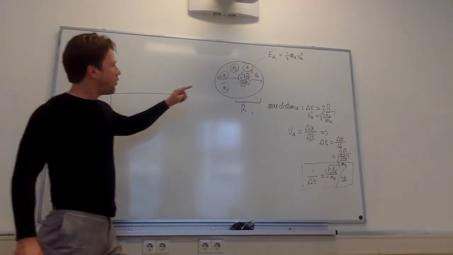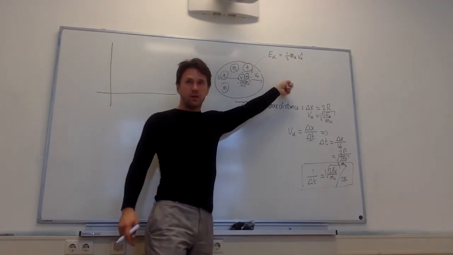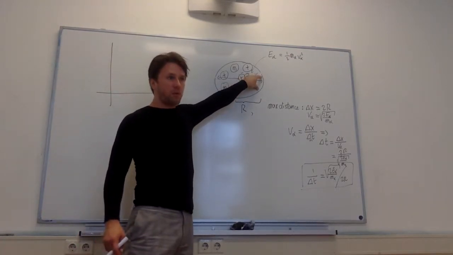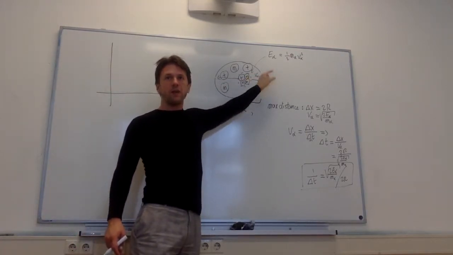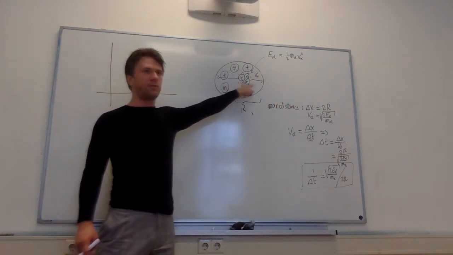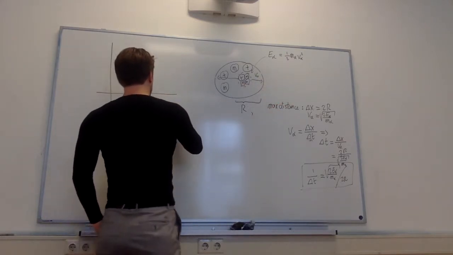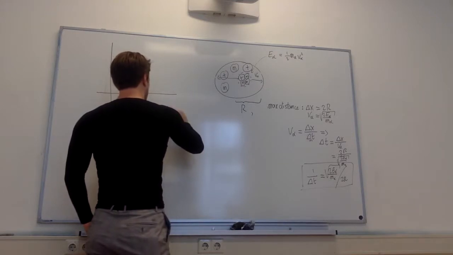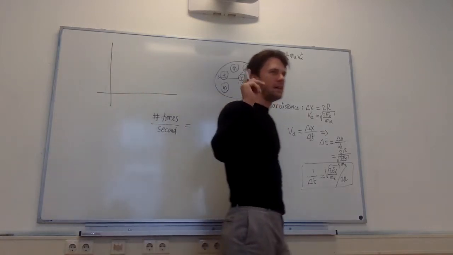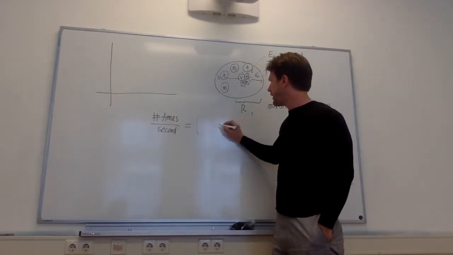Here's the next step. If you want to know how often this alpha particle gets outside of the nucleus, you need 2 ingredients. One of them is, if it's here at the boundary, what is the probability for it to go out? Times how often it's actually at the boundary. It won't go out if it's over here, somewhere in the middle. It has to first travel to the side, and when it's at the side, then it travels out. So the amount of times per second that you expect the alpha particle to come flying out of the nucleus is a combination of 2 factors.